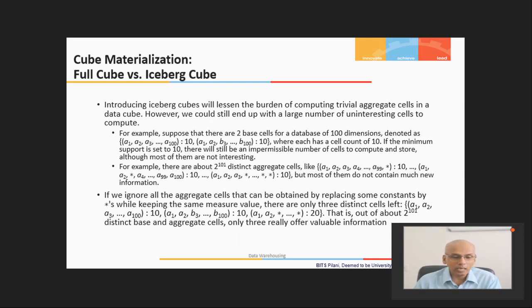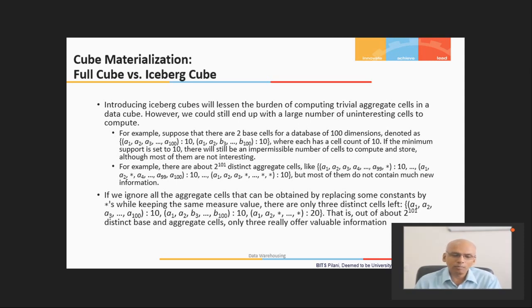In fact, if you want the interesting information which provides some value, you can see that only 3 distinct representations are sufficient to get all the interesting values. The first one is 10 for A1 to A100. Another one is A1, A2, and then B3 to B100, that is 10. And another one is with A1 and A2, irrespective of the other values, where you get 20. So there are 3 interesting values that you notice.